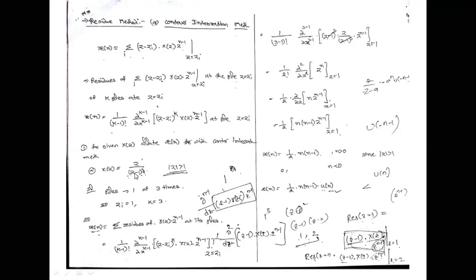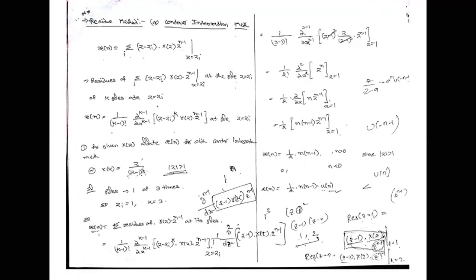So X(z) is equal to z by (z minus 1) whole cube, and ROC is |z| greater than 1. Here (z minus 1) whole power cube gives multiple poles. The pole is at 1, three times. So zi is equal to 1 with k is equal to 3, my dear students.